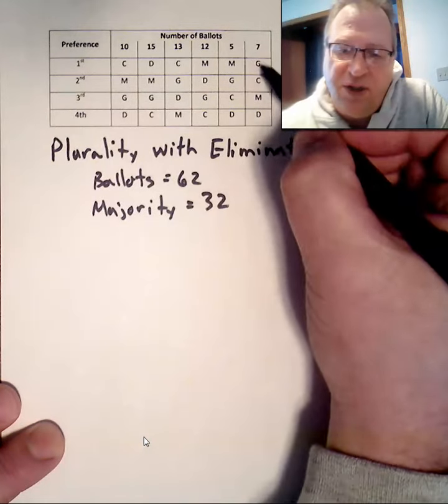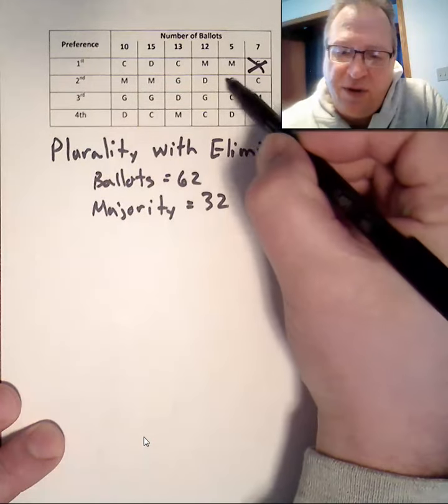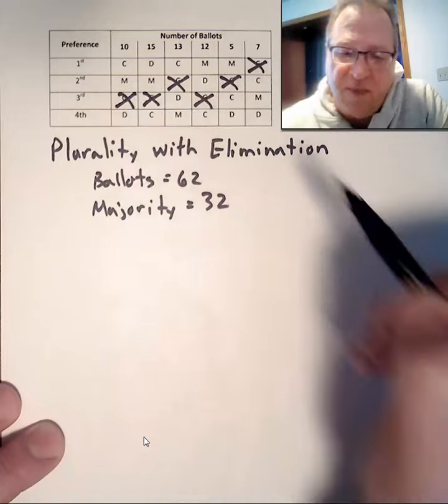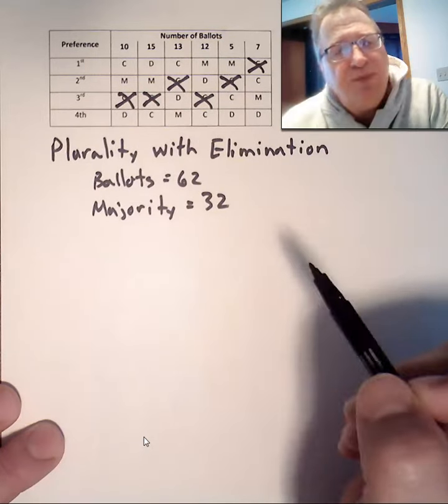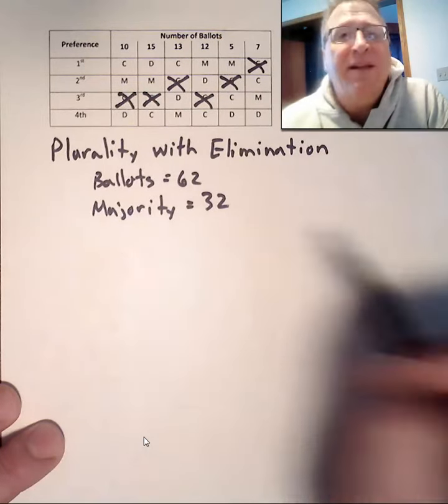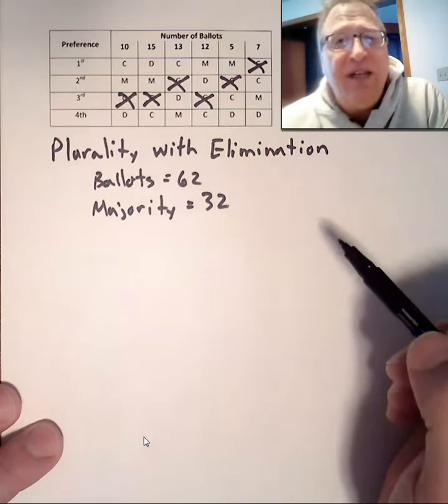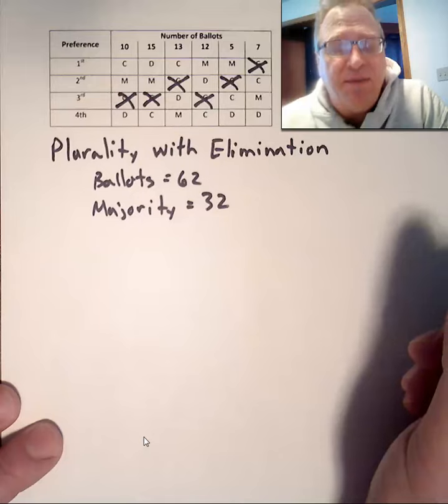So G had the least amount of votes. I am just going to cross out G wherever G appears. Now, in your textbook, your author would have redrawn the table, taking G out and sliding everybody else up.